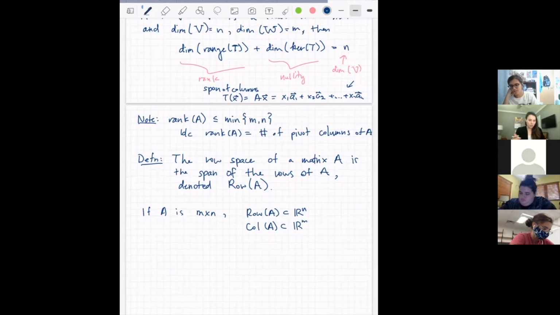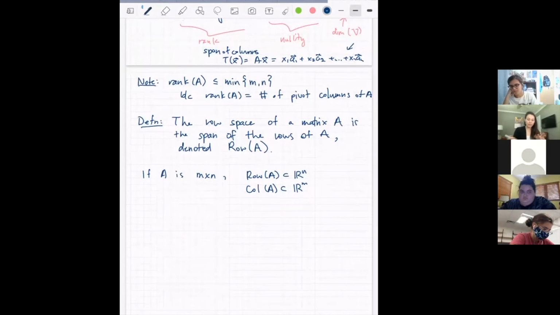Let's see, so we have this notion of row space, right? And it's not too hard to show that if you have two matrices that are row equivalent, so if we get B by performing some row operations on A, then that doesn't change the row space.